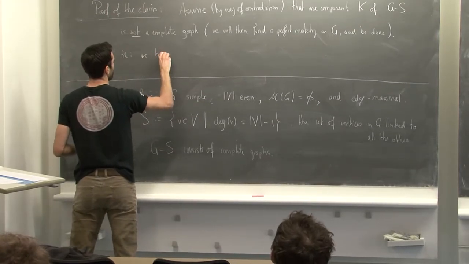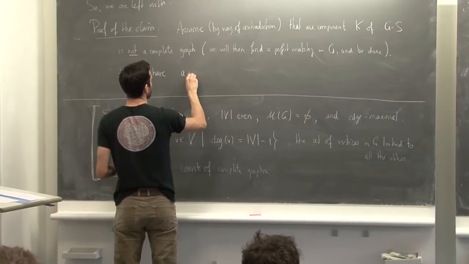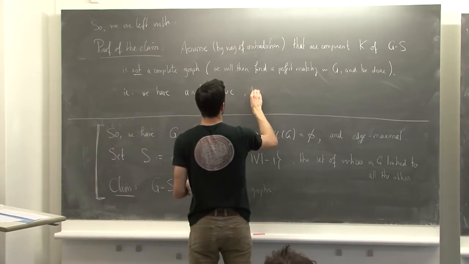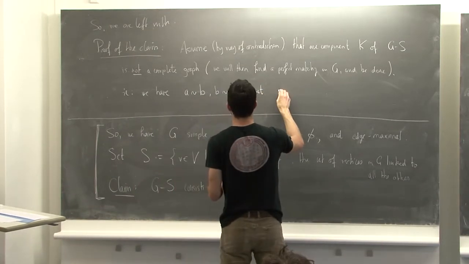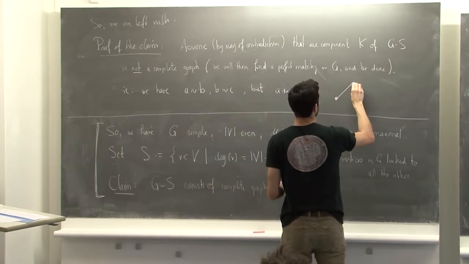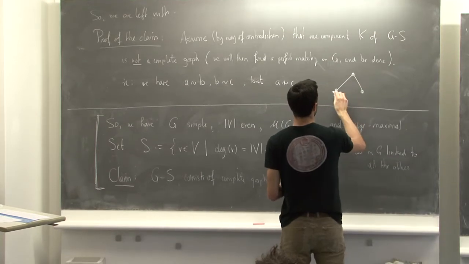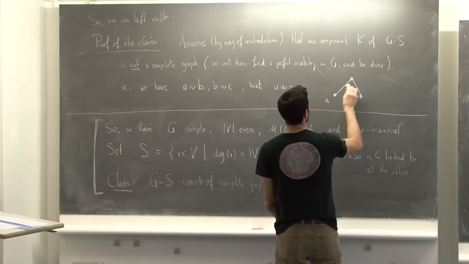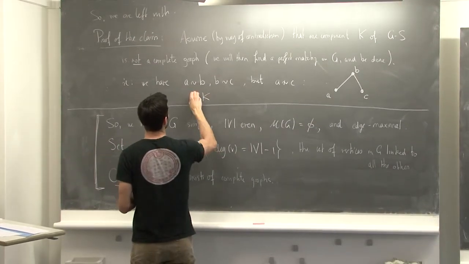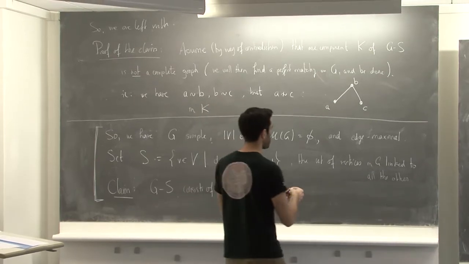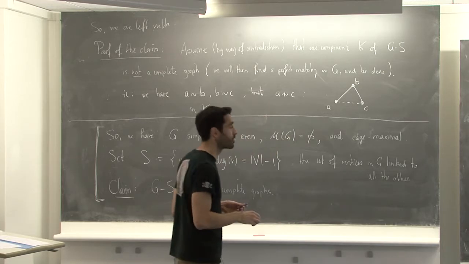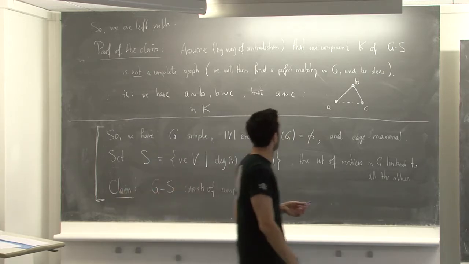It means we have, let's say, A, which is adjacent to B, B, which is adjacent to C, but A not adjacent to C. So we have something like that in the component K: A, B, C. We'll write a dashed line like this, just to say that there is no edge between these two.